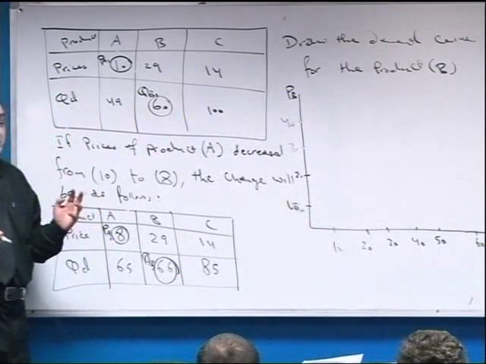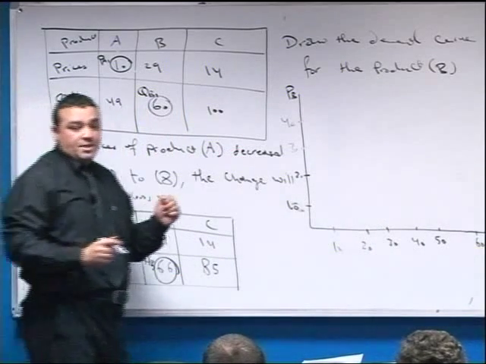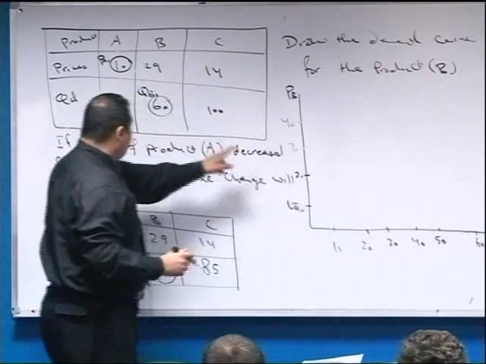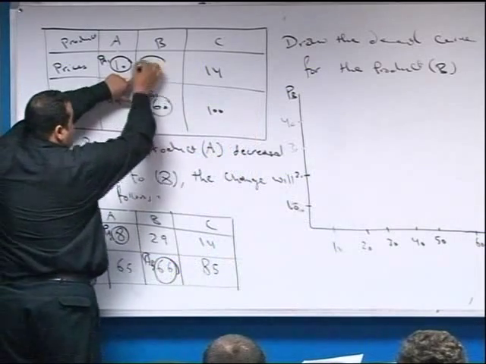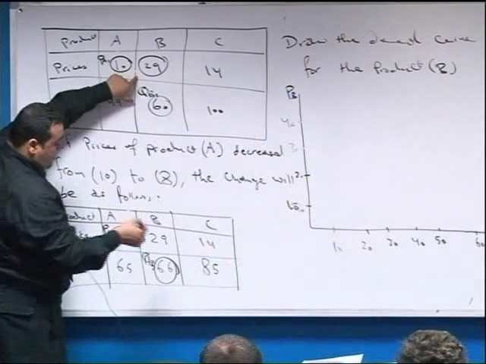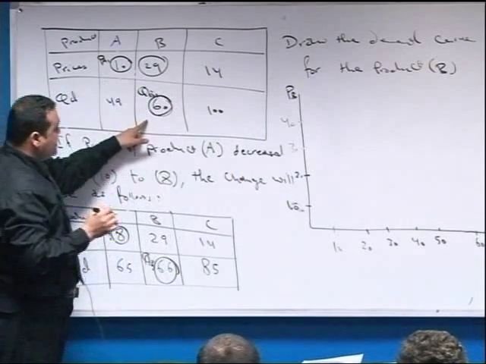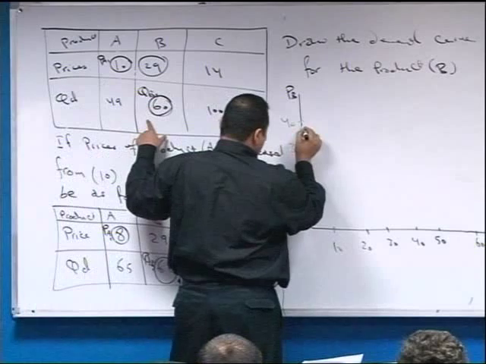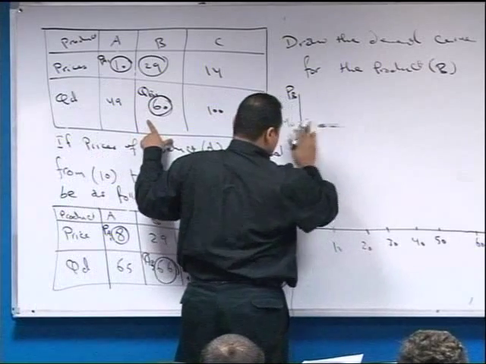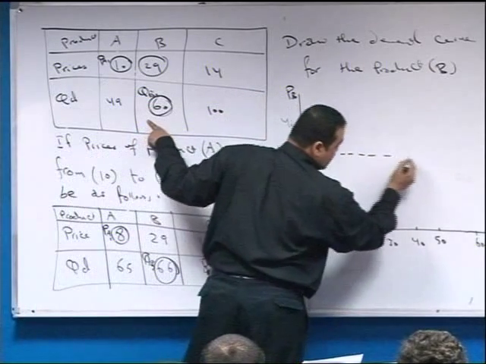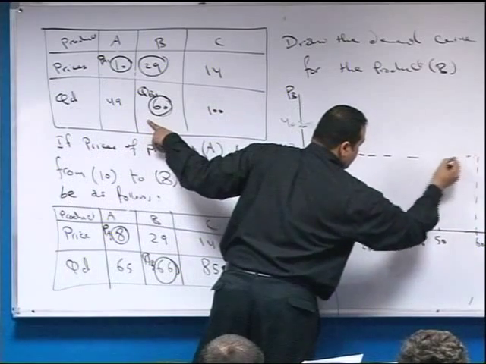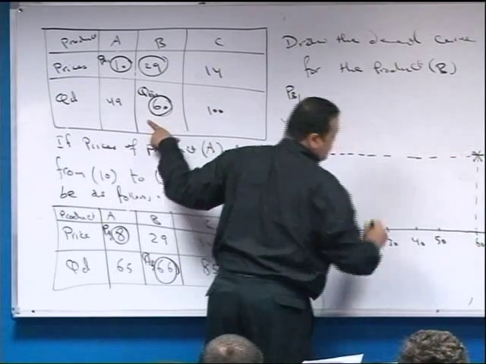So let's derive the demand curve for the product B. In the first case, when the price is 29, how much is the quantity demanded of B? 60. This is the first point.